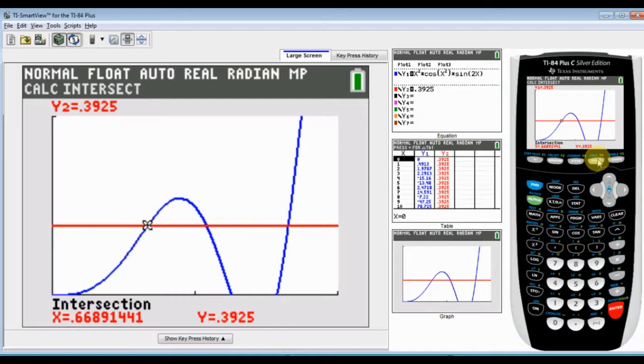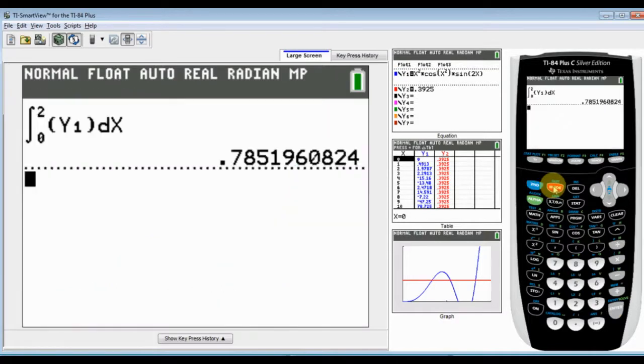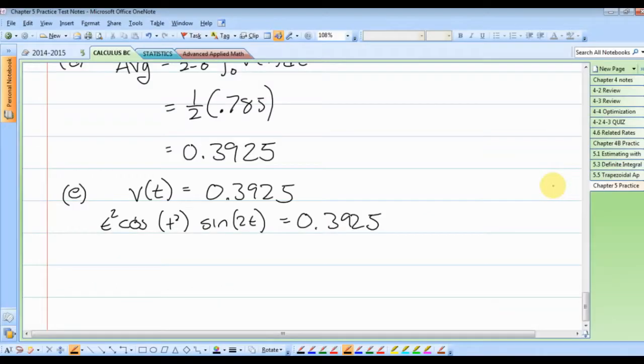I have to start again if I do anything. Okay, so that's the answer. That's going to happen when t equals 0.6689. This will occur when t equals 0.6689.